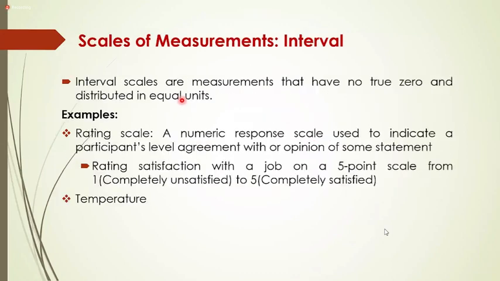Now we are coming to interval scales of measurement. The interval scales are measurements that have no true zero and are distributed in equal units. What attributes do interval scales have? They have no true zero, but they are distributed in equal units.